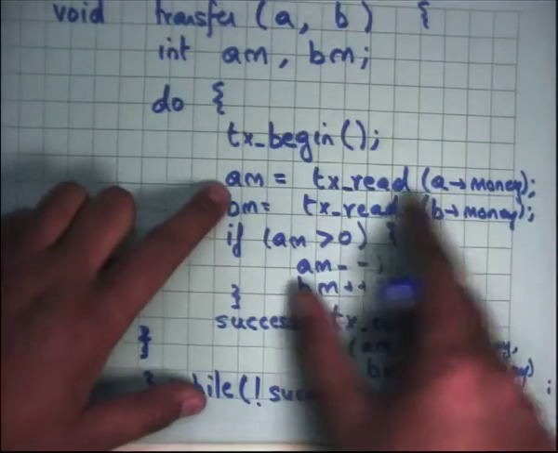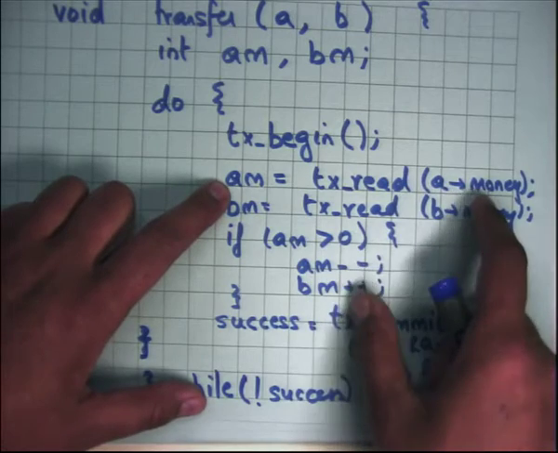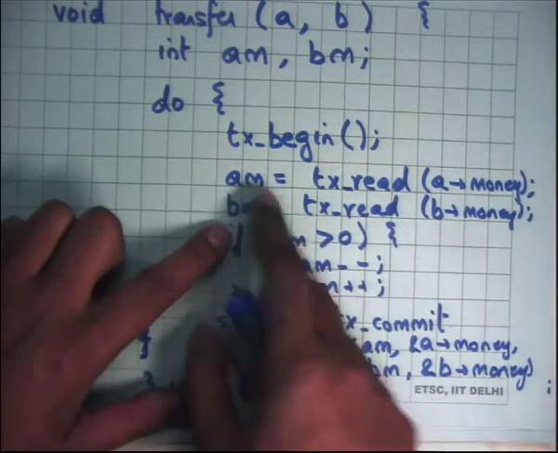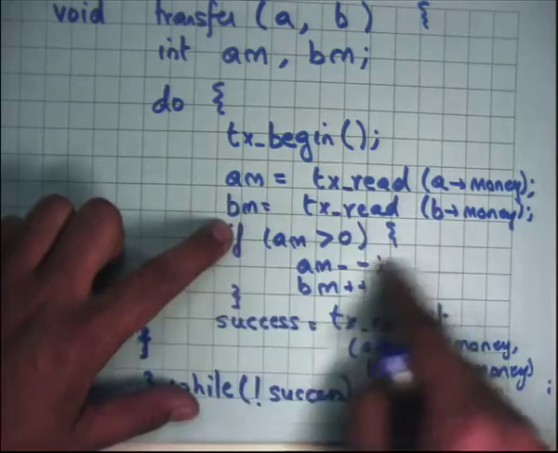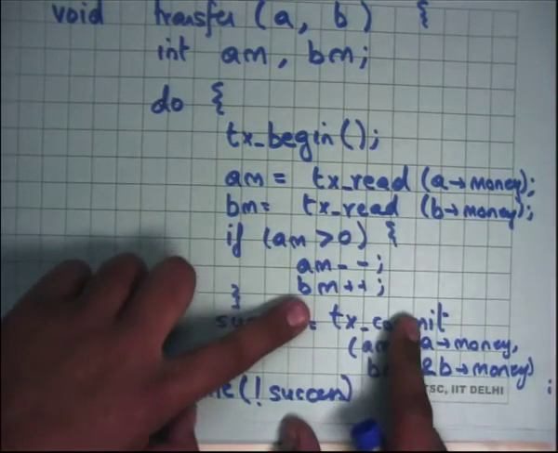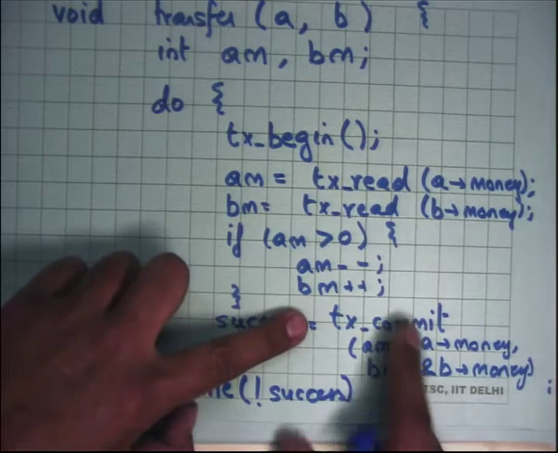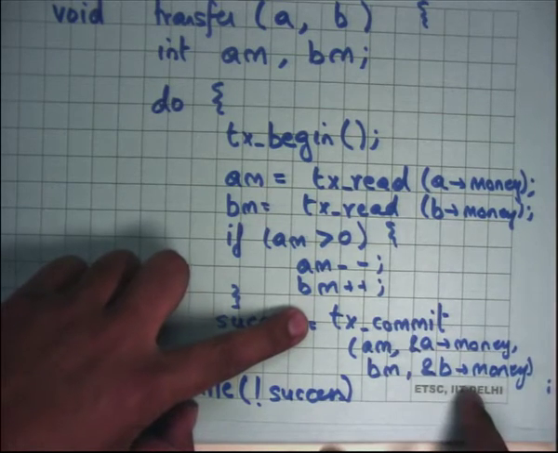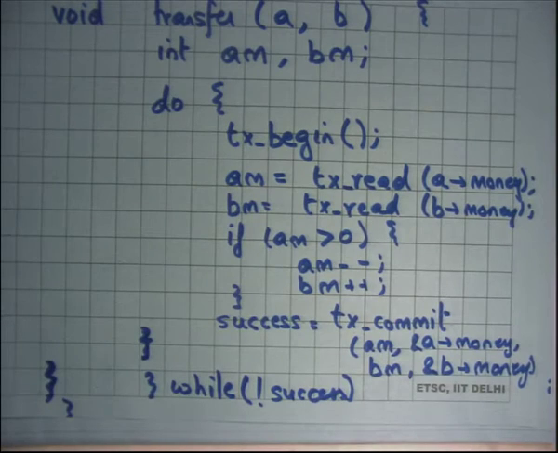So, what am I doing? I started a transaction, then I said read the shared value into a local variable, read the shared value into a local variable, perform some operation on the local variables, and then try to commit the new values of the local variables to the shared variables. This commit function is atomic, right.